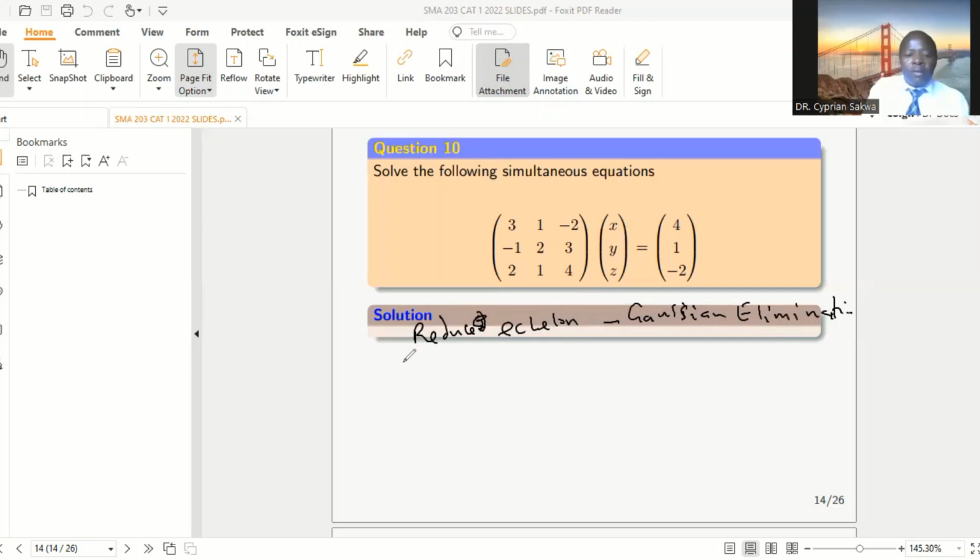The other method you can use is by transforming the system to reduced row echelon form, or the method of using would be Gauss-Jordan elimination.